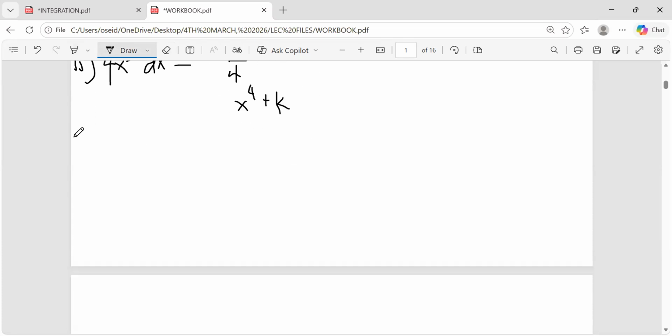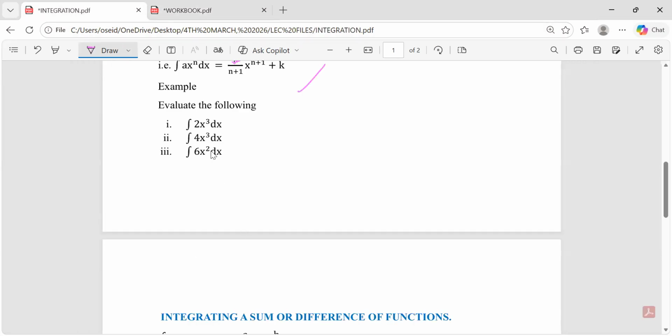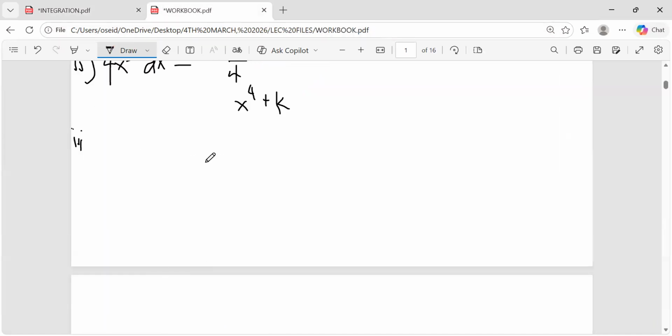Right, the third question says integral 6x squared dx.